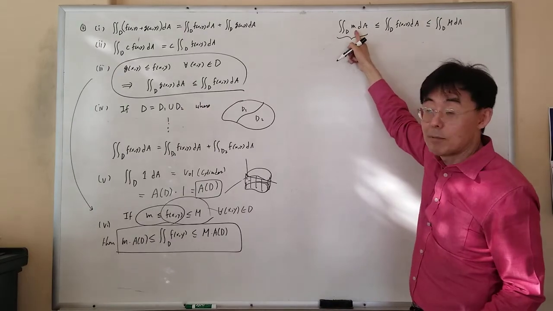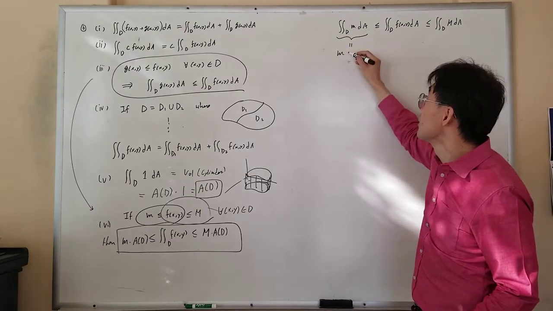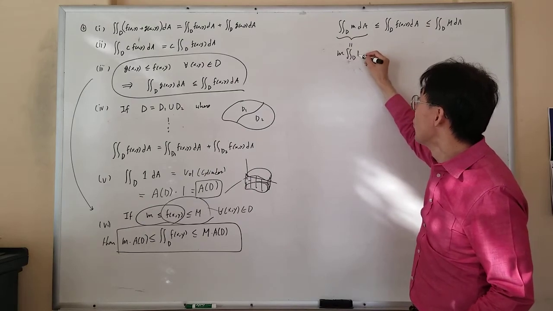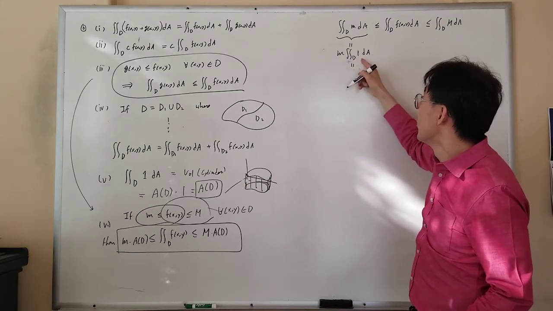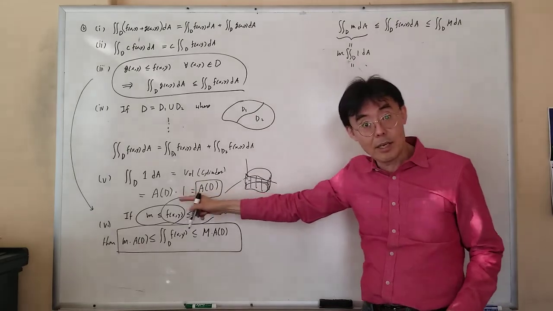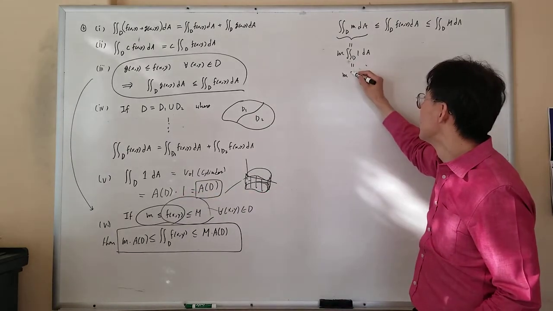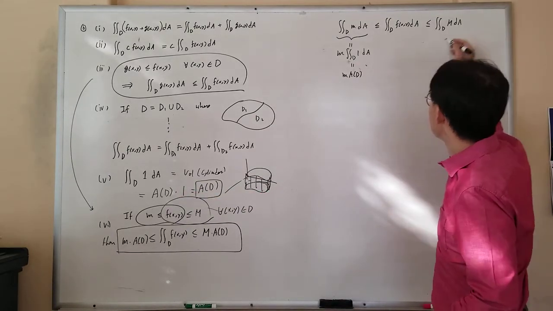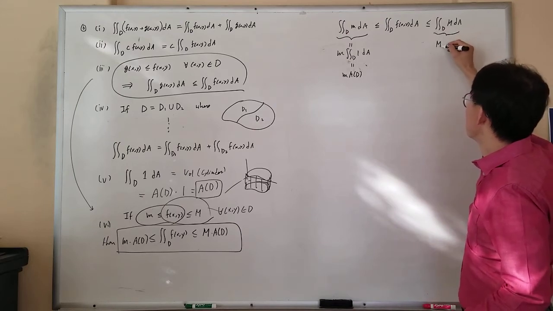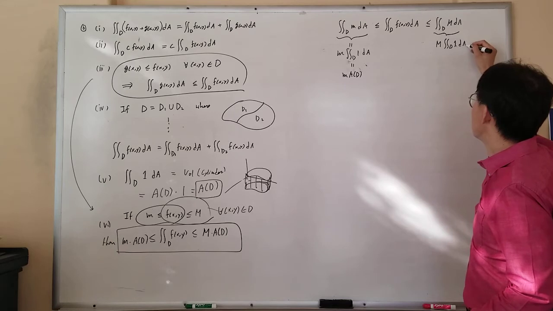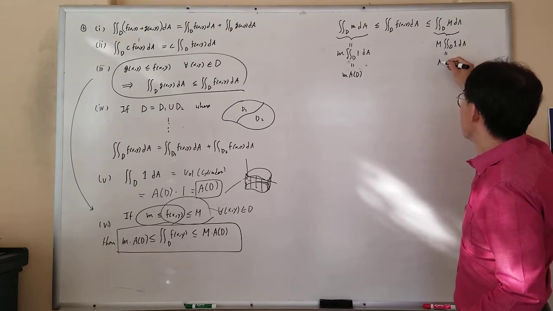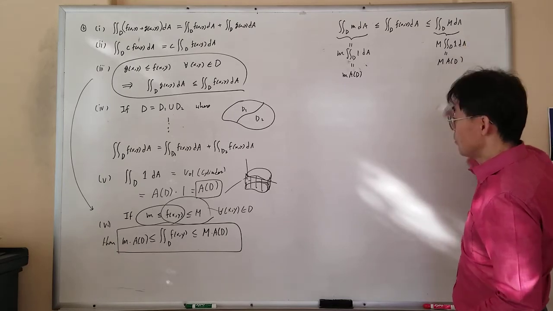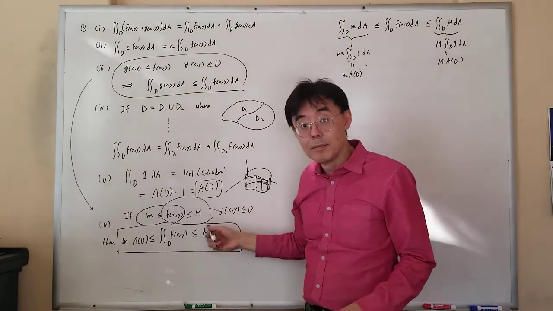This is just a constant multiple. A constant multiple can be taken out. So the double integral of 1 dA, which we just learned, is the area of D. Likewise, m is taken out, and also this is capital M times area of D. That's how you got it.